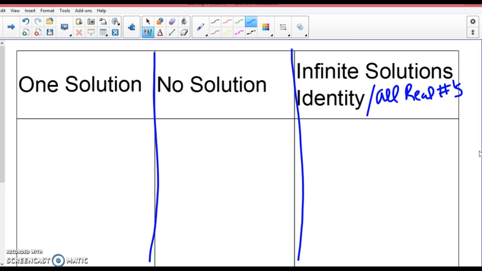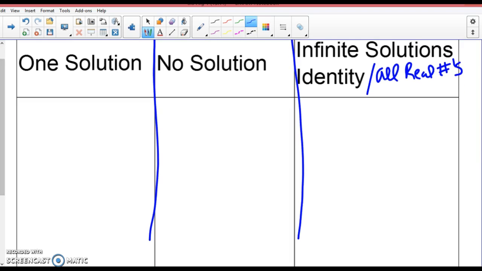One solution. So, copy down this problem. 4 times the quantity x minus 3 equals 2x plus 12. Write that in the one solution column.